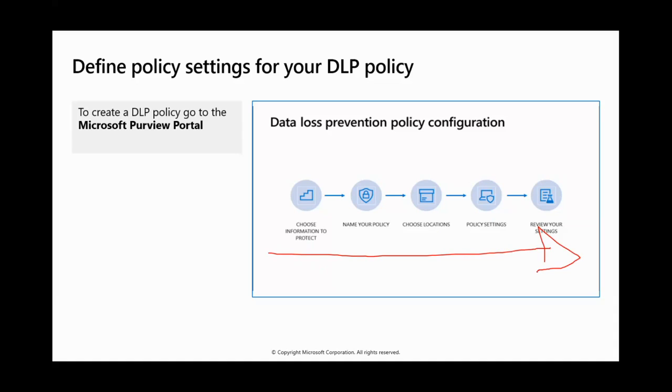In this case, the actions are going to depend on the location where the activity is happening. To summarize all this, again: choose what we want to monitor, choose where we want to monitor, choose the conditions that must be matched for a policy to be applied to an item, and choose the action to take when the policy conditions are met.